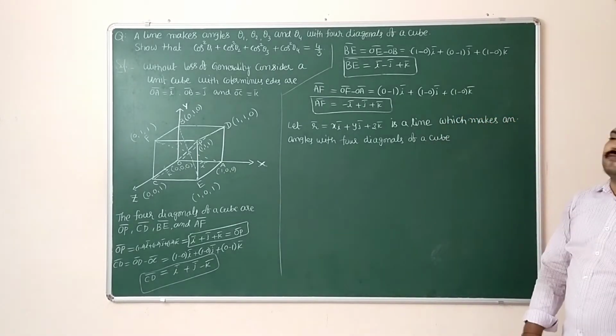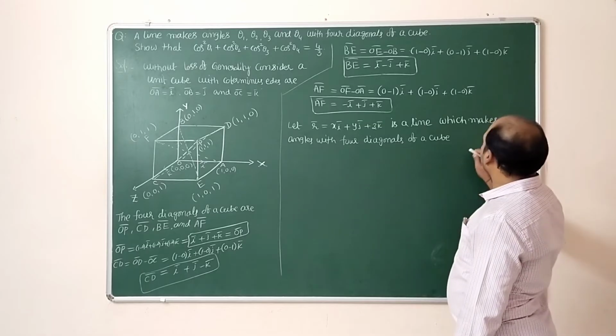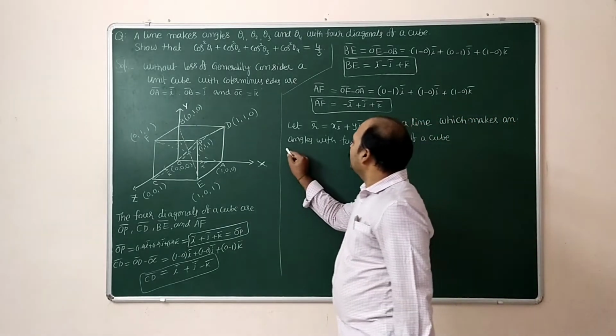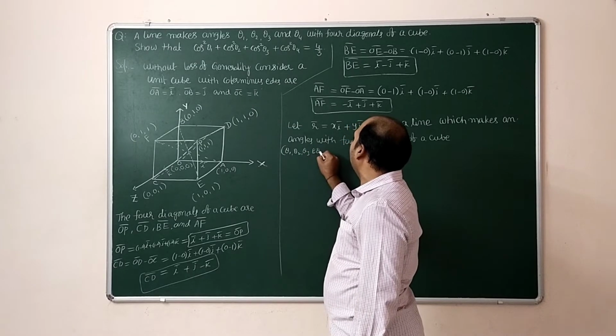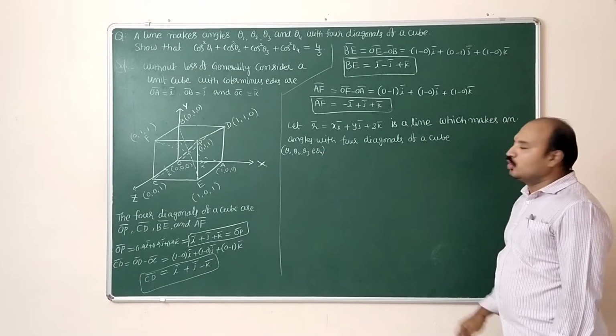The angles we mention here are theta 1, theta 2, theta 3 and theta 4, with the 4 diagonals of a cube.